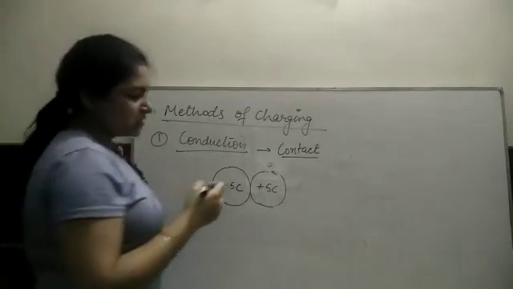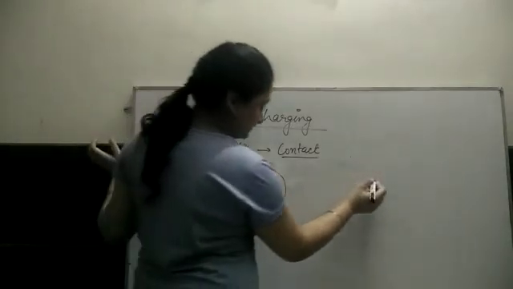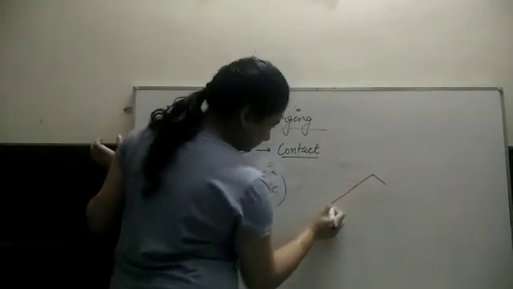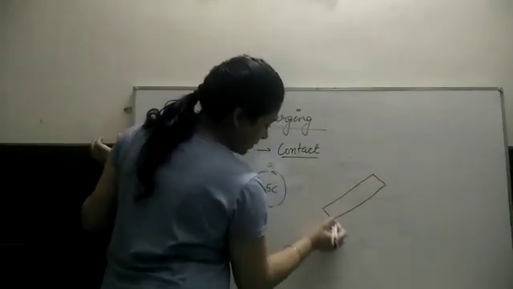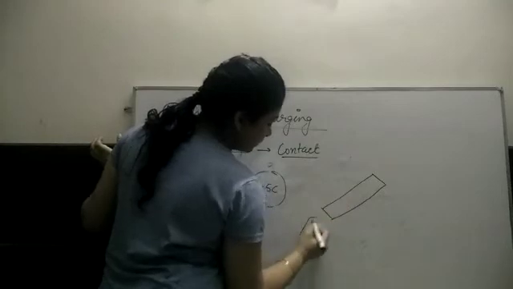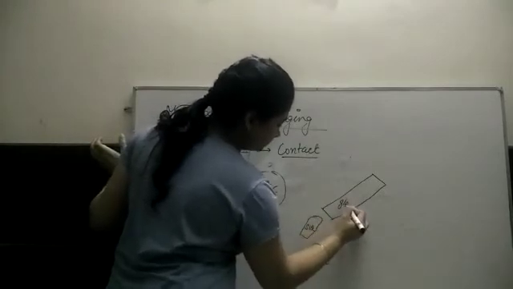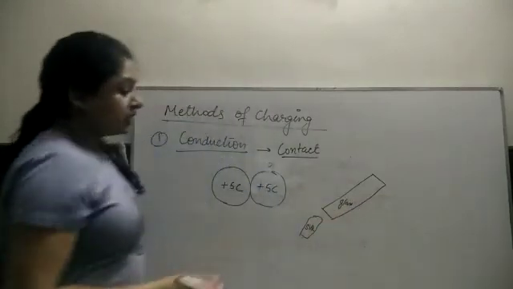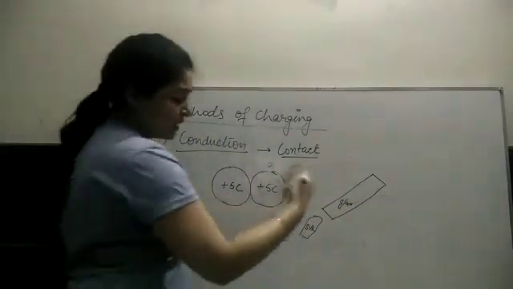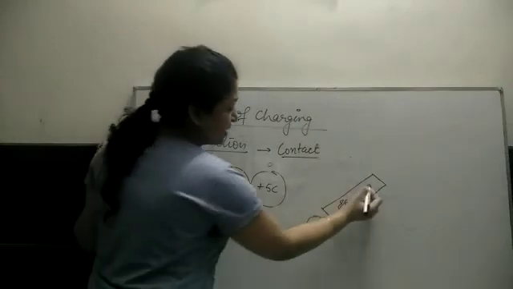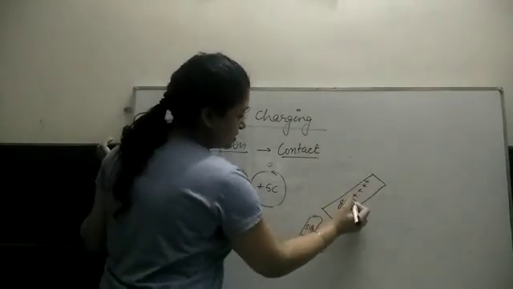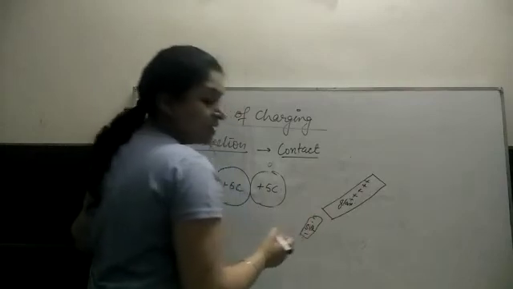Another example we can consider: I am having one glass rod, and when some silk cloth is rubbed with this, then after rubbing, both of the bodies will acquire charges. The glass rod will become positively charged and the silk will become negatively charged.